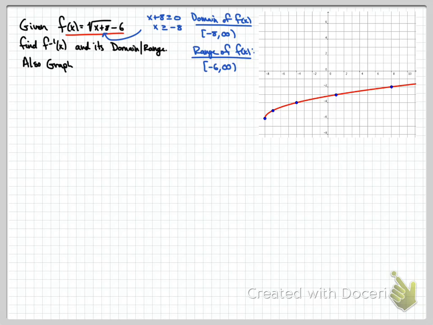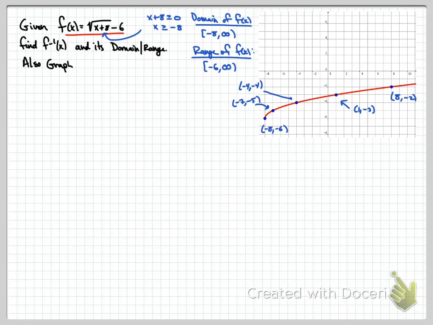We've got the ordered pair negative 8 comma negative 6, negative 7 comma negative 5, negative 4 comma negative 4, 1 comma negative 3, and 8 comma negative 2. It's just good to have these in mind.